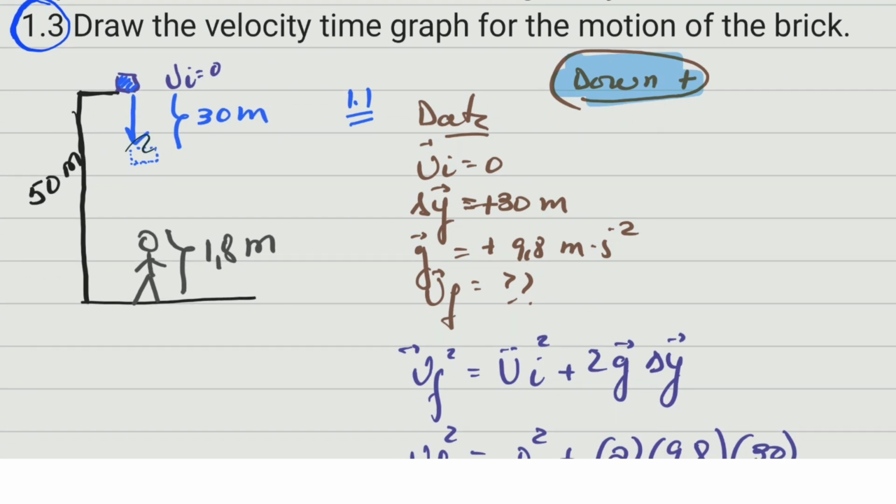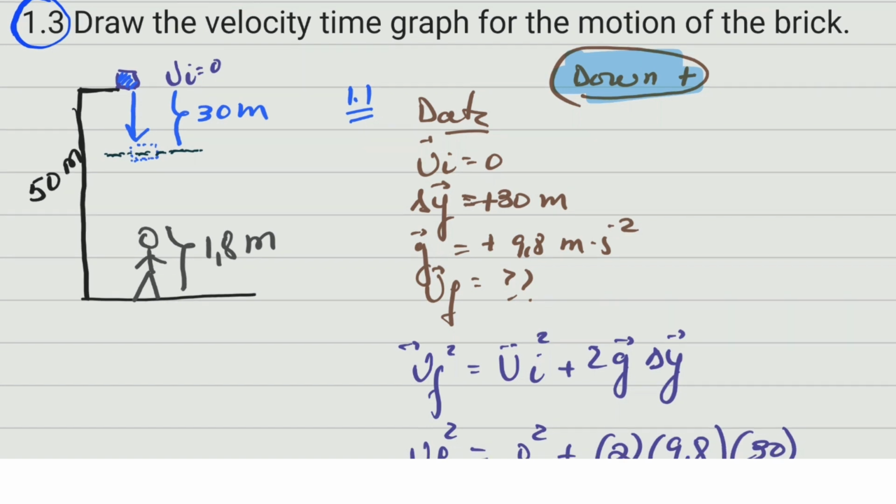The supervisor sees the brick when it's at this specific point there, and he reacts only after 0.4 seconds. So in other words, we need to know how far that brick will fall in 0.4 seconds from there, or we have to calculate the time the brick will fall in 0.4 seconds to see if that person will avoid the brick.